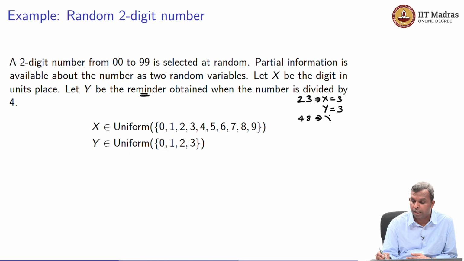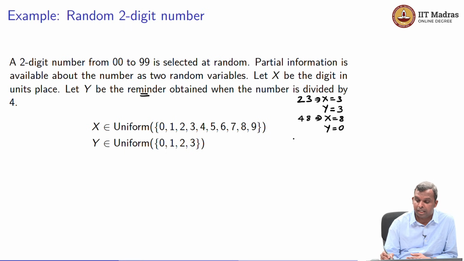For 48 you get X equals 8, then Y equals 0. Likewise, X takes values from 0 to 9, and you can show in fact that X is uniformly distributed in 0 to 9. We'll see some calculations maybe later, but this is not too hard to imagine.